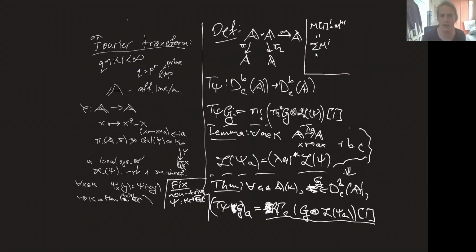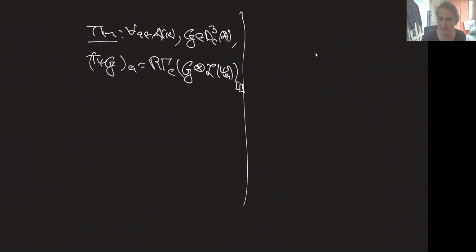What is the category that G lives in? D^b_c(A1), sorry. So this is the bounded derived category of étale or Weil sheaves, with a constructible complex.